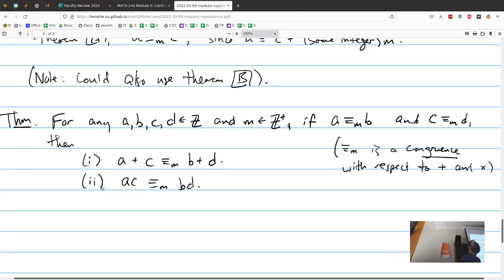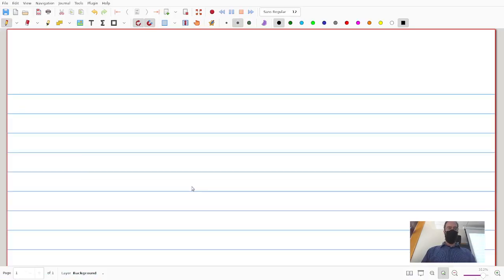There's certain things we can do to both sides that will preserve it, but certain things we can't. I'll think of what those are, and then we'll do some examples of using this to solve equations, but equations up to some modular equivalence. All right. So any questions about that so far?